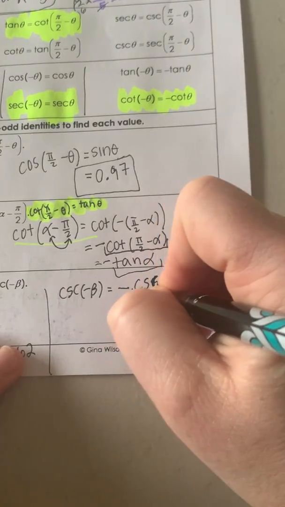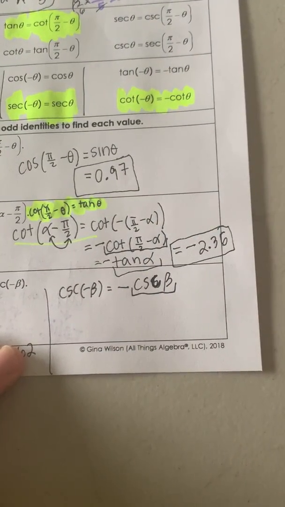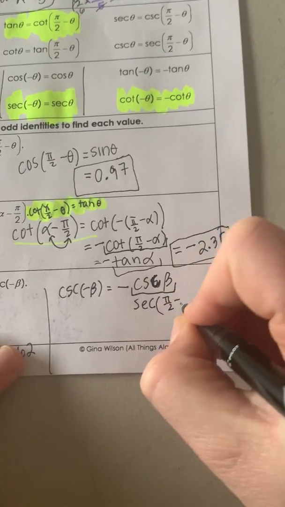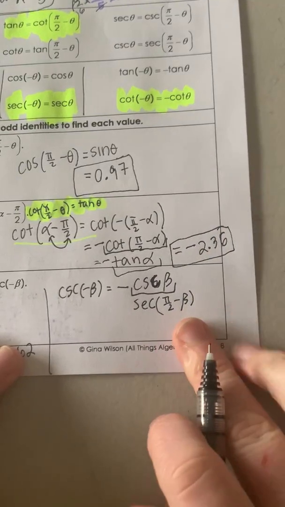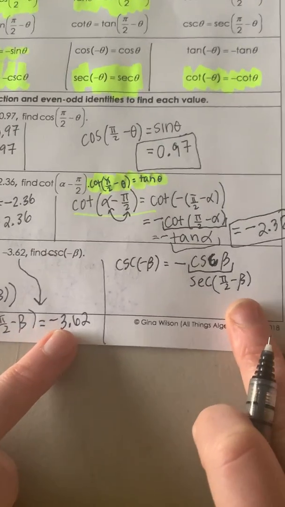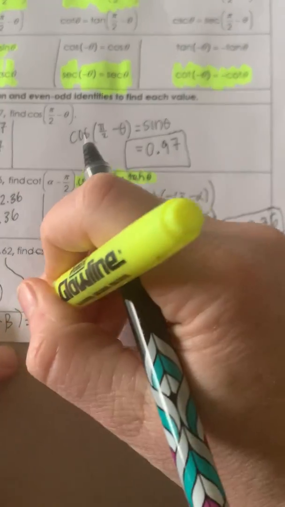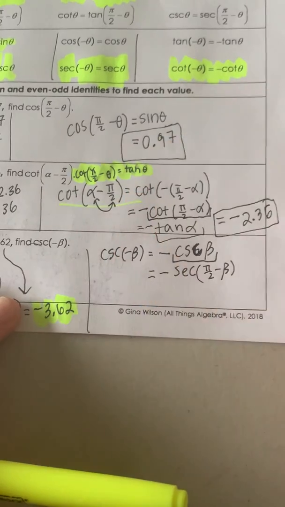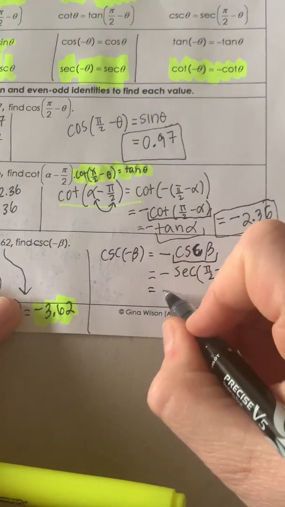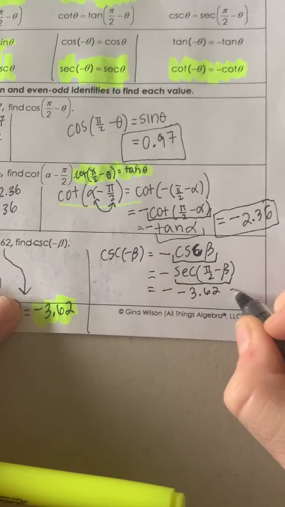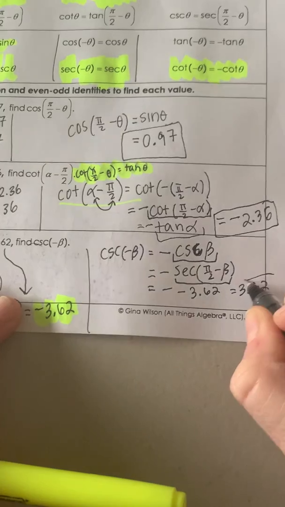And so we can now change cosecant beta to secant pi over 2 minus beta, because they're equivalent, and that's what we just solved for here. So pi over 2 minus beta is negative 3.62. Now we're at equals negative secant pi over 2 minus beta, which is negative negative 3.62, which is 3.62. That's your final answer there.